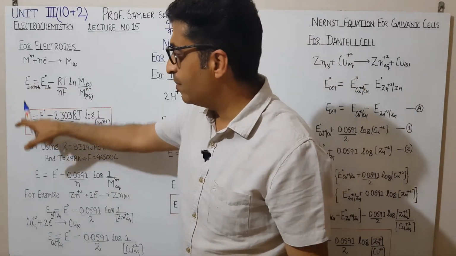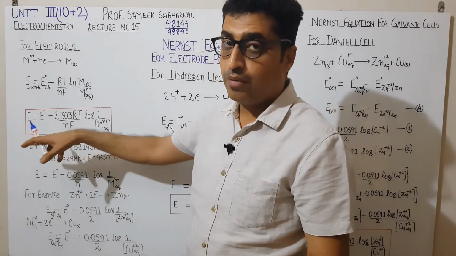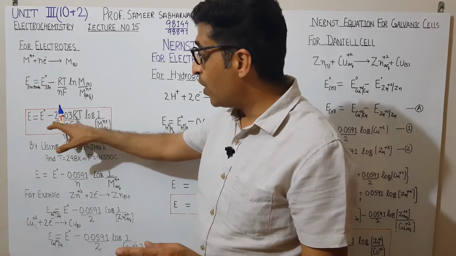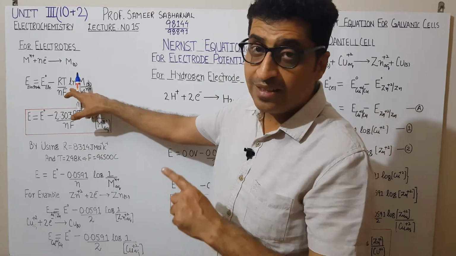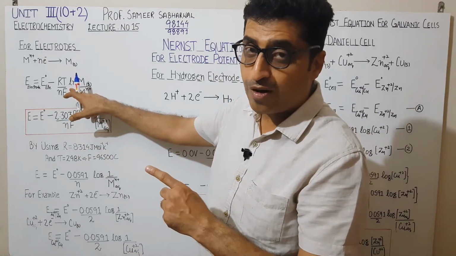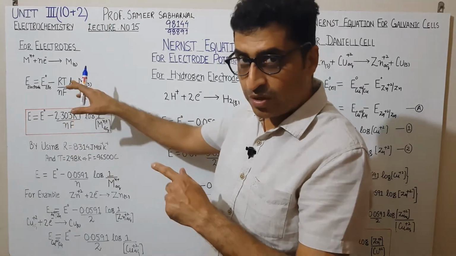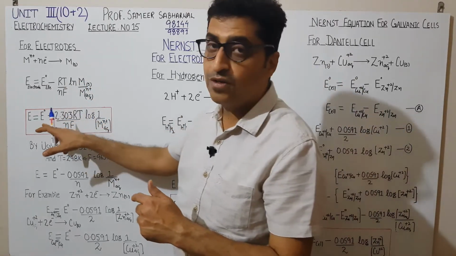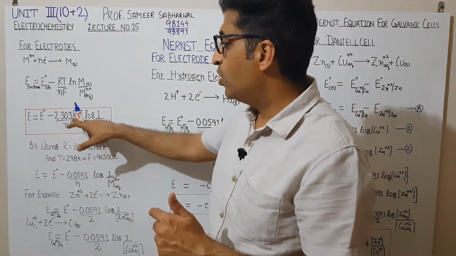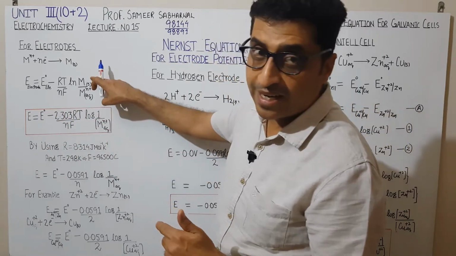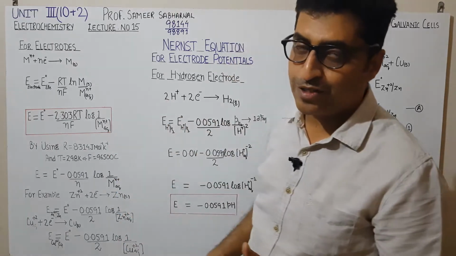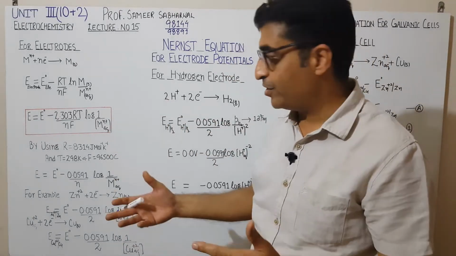So I can simply write E electrode is equal to E naught minus 2.303 RT by nF. I have changed the base, now I'm taking log base 10. So when you take log base 10, we multiply the term with 2.303. So 2.303 RT by nF log of 1 over Mn positive. Now guys, you have to remember this equation, fine?